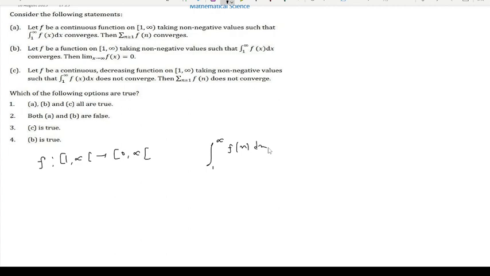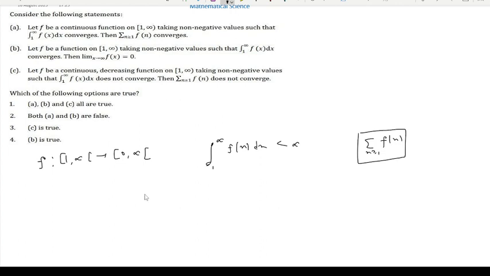It is given that this is convergent, and the question is then whether the summation of f(n), n greater than or equal to 1, should converge. So if f is a continuous function and this improper integral is convergent, then the question is if this summation converges or not.